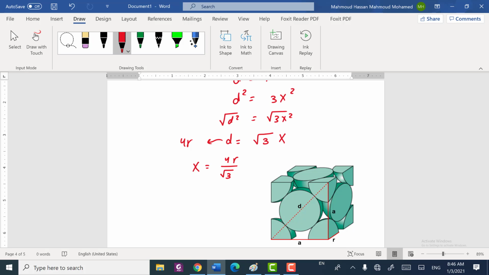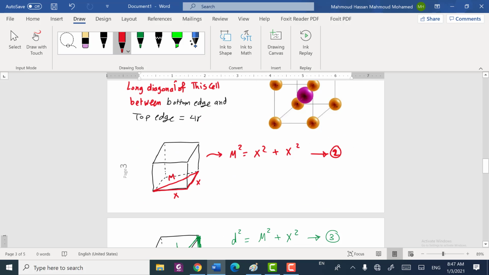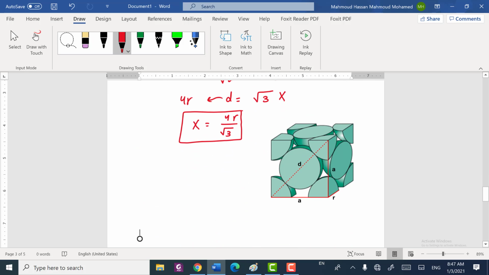So the edge side of the body centered cube equals 4r over root 3.